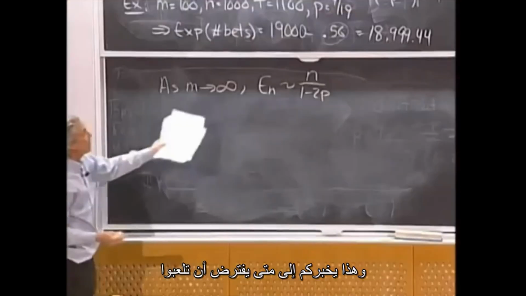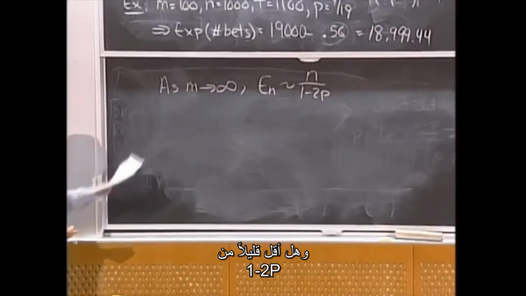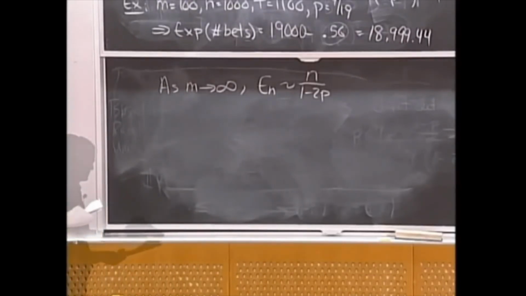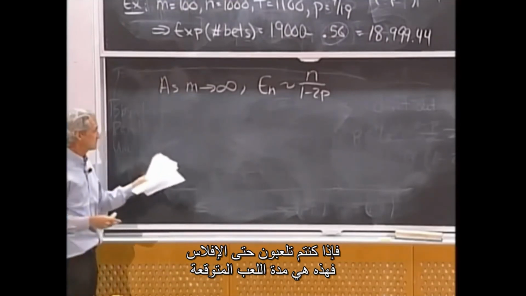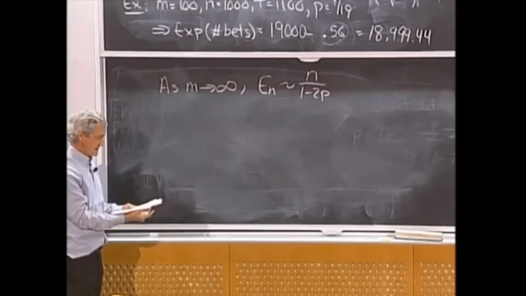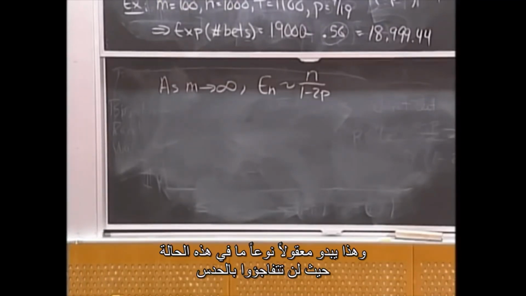And this says how long you expect to play. All right, it's a little less than n over 1 minus 2p. So if you play until you go broke, that's how long you expect to play. So that makes sense in that scenario. That's not one where it surprises you by intuition.